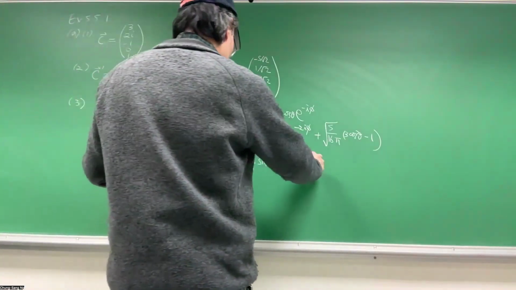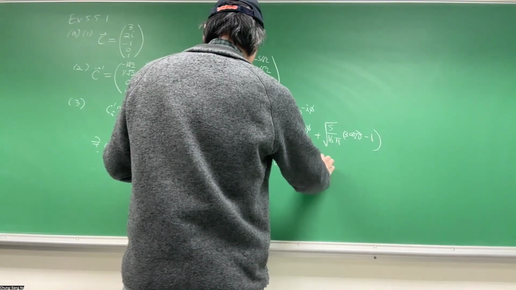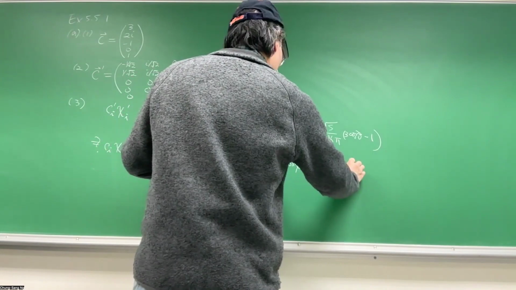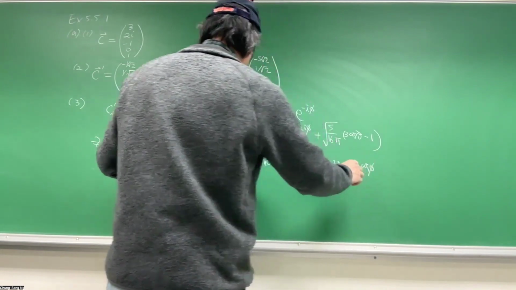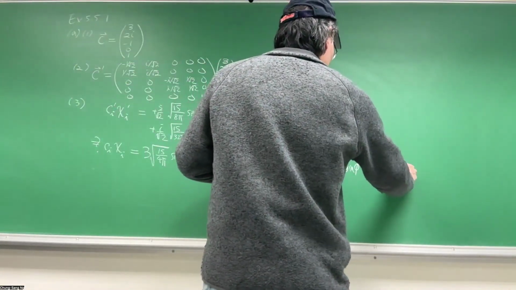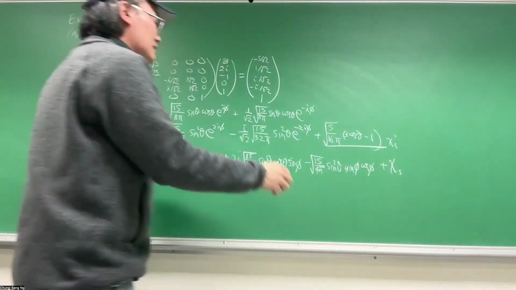I3 is minus 15 theta sine phi sine phi. And then chi phi, which is the same. So this is the same as this one. This is chi phi. It's the same. Okay.